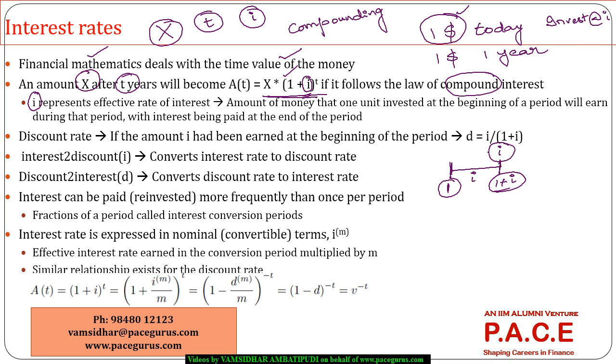But what is the present value of this i? This i is going to come at the end of this period, but as of today, what is its worth? The worth of this i as of today is i by 1 plus i. I'm finding the present value as of today. So the present value is i divided by 1 plus i, which is otherwise called the discount rate.